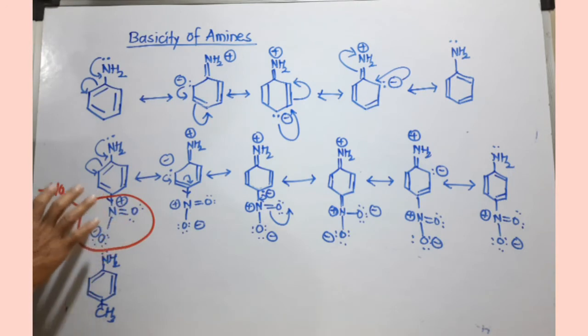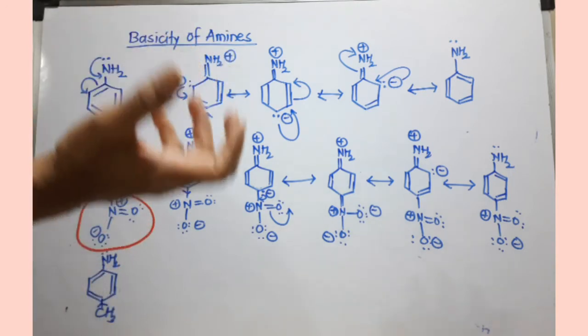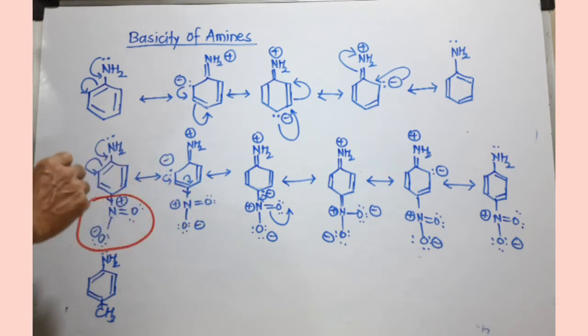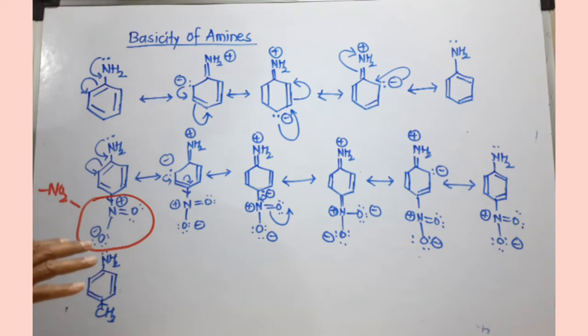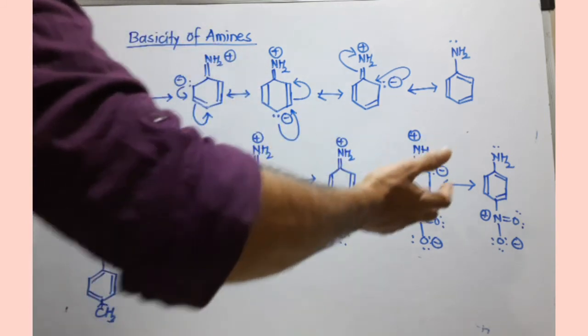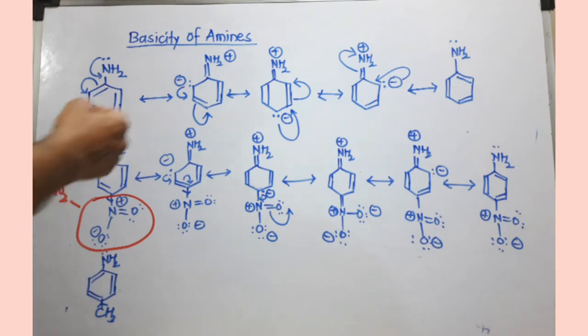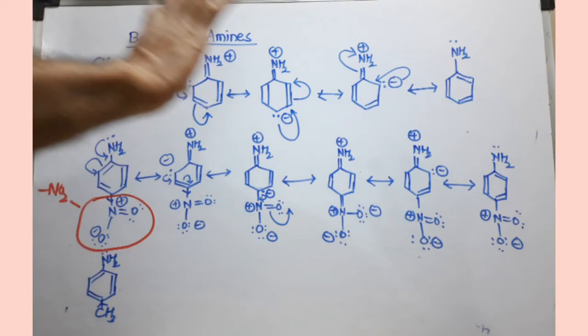This has happened because of this nitro group, because of this electron withdrawing group. So automatically we can say if an electron withdrawing group is present on the aromatic ring, there are 2 possibilities: resonance is extended, or because of the minus I effect, basicity is totally decreased.